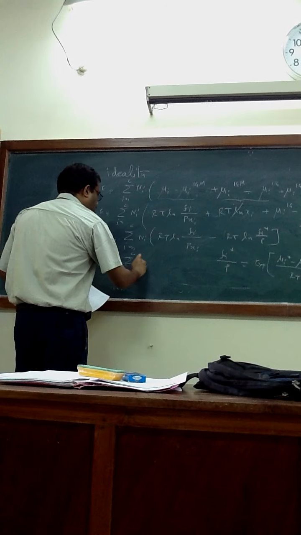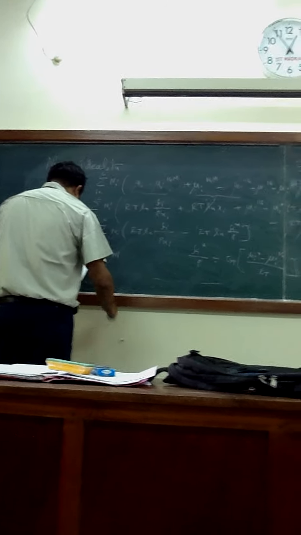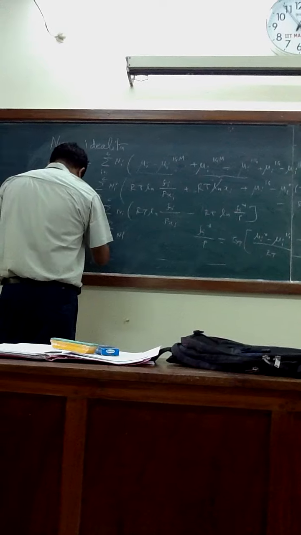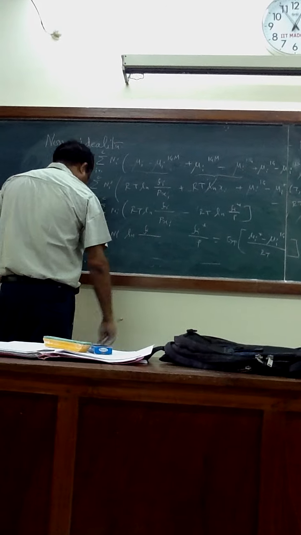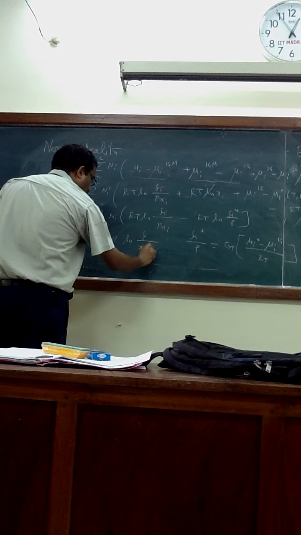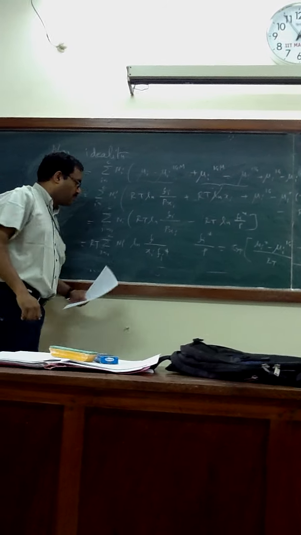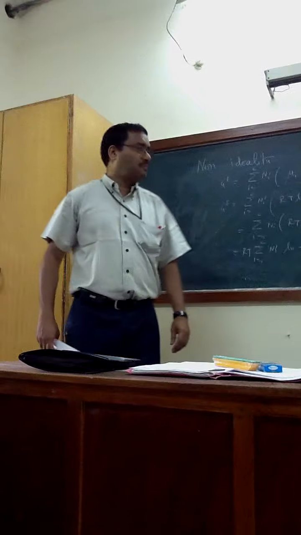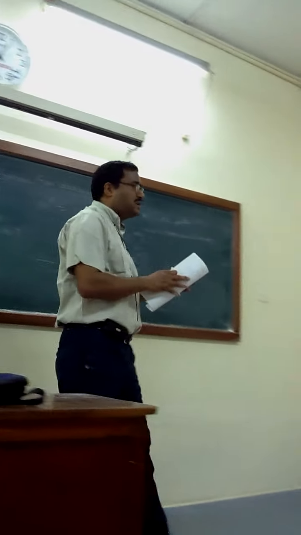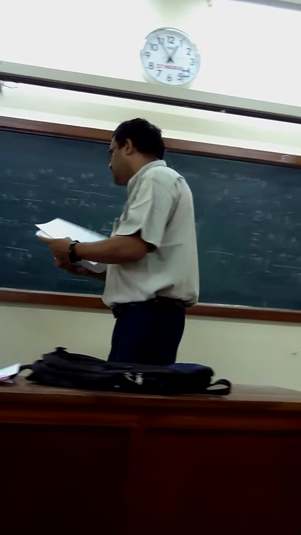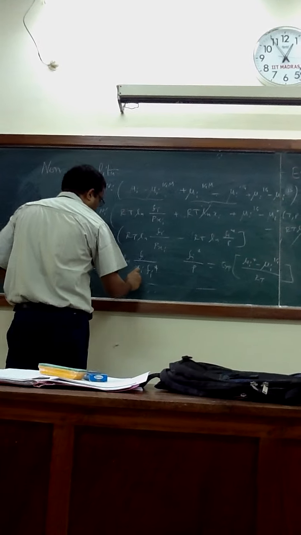Summation i equals 1 to C Ni. RT you can take outside. Ni ln Fi by... we got RT Ni ln (Fi by xi Fi star).